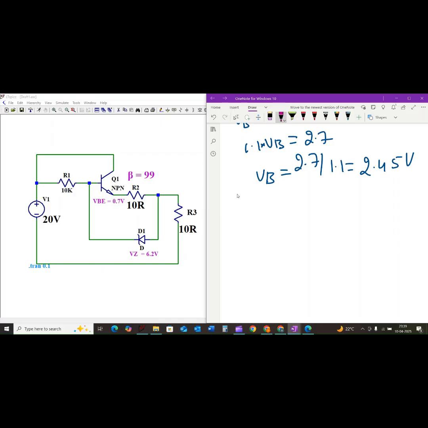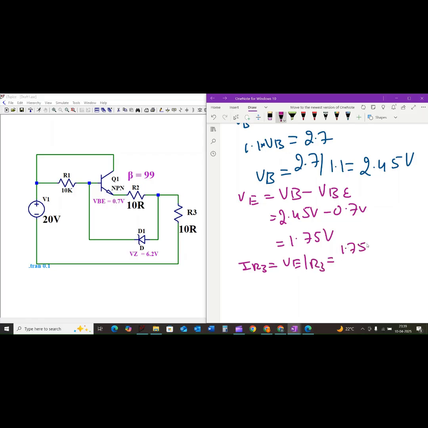According to this, the voltage VE is equal to VB minus VBE, which is equal to 2.45 volt minus 0.7 volt, which is equal to 1.75 volt, and the current through the resistor R3, IR3, is equal to VE divided by R3, which is equal to 1.75 volt divided by 10 ohm, which is 0.175 ampere.